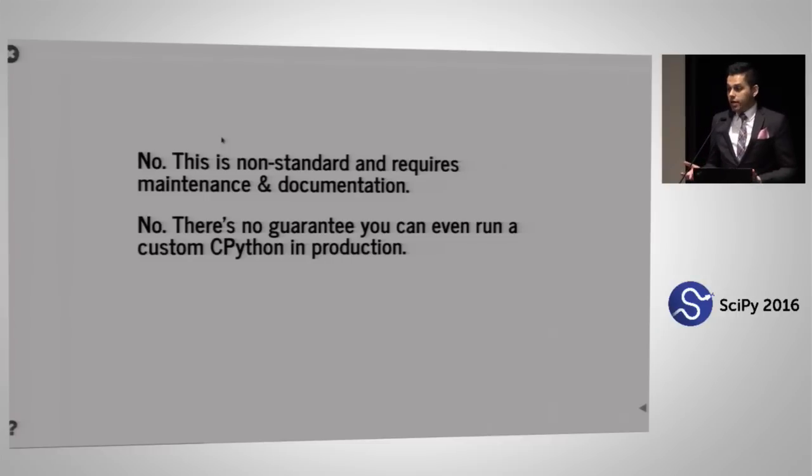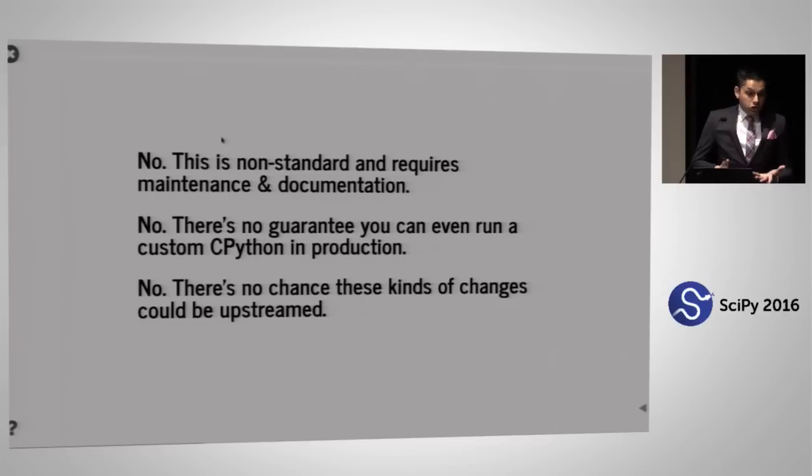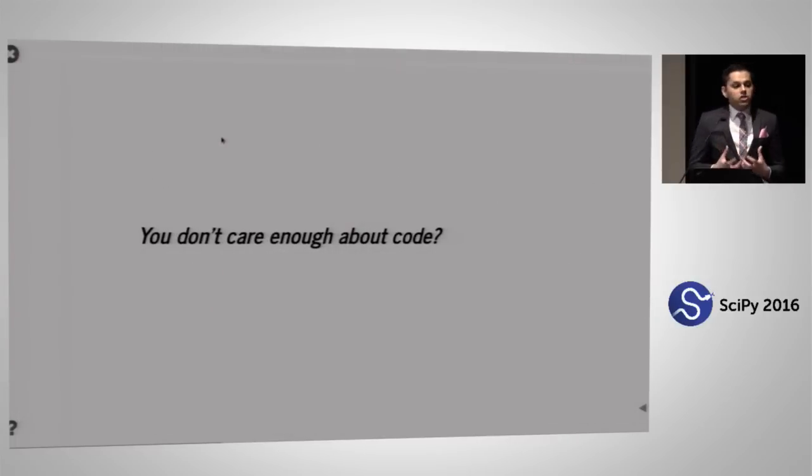Some of you have deployment setups where you can't just arbitrarily say, okay, build this Python from source and run it in production. Additionally, some of you may be very concerned that none of these changes could ever be upstreamed. You could add some really neat features to your own Python interpreter, but you'd never be able to upstream them, so you'd always have to maintain your own separate fork. I want to talk about each one of these issues in the time I have remaining, which is not a lot, and tell you a couple of opinions I have about these.